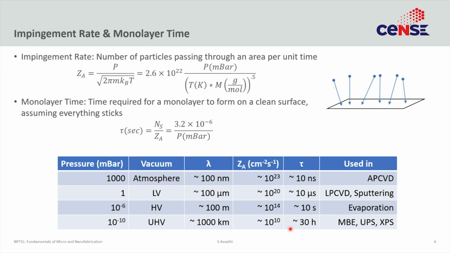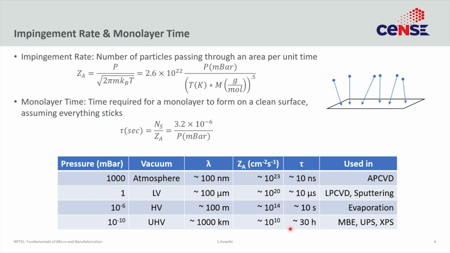Supposing you are doing TEM, you are looking at these monolayers, these single atoms, a single layer of atoms. If you do this inside a chamber where the time to monolayer is less than the time it takes for you to do the imaging, you would just see junk all the time.